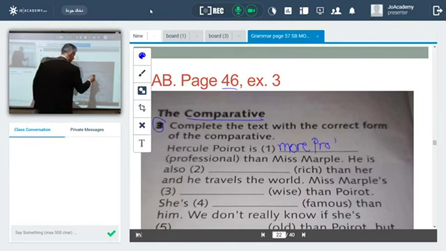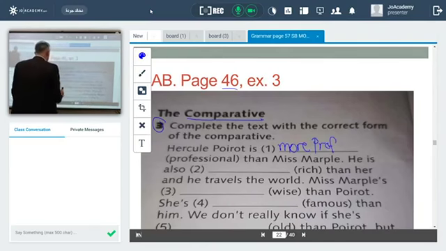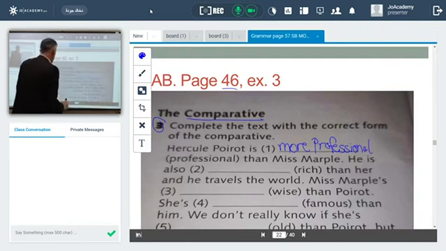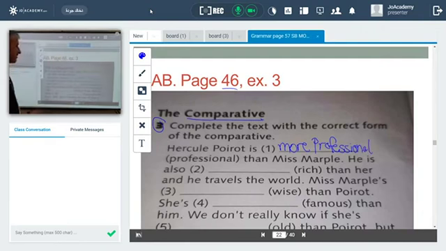Okay, more professional than Miss Marple. He is also what? Than her. He is also what?